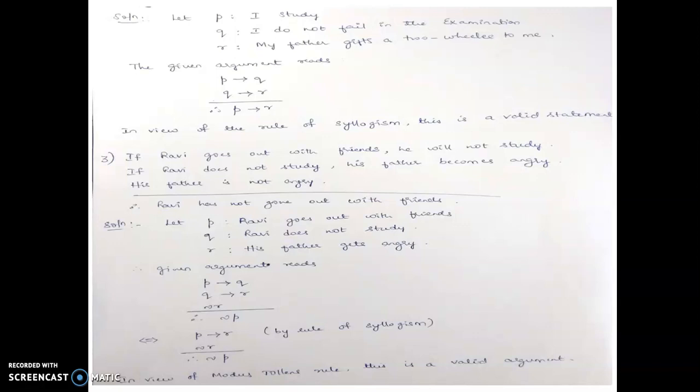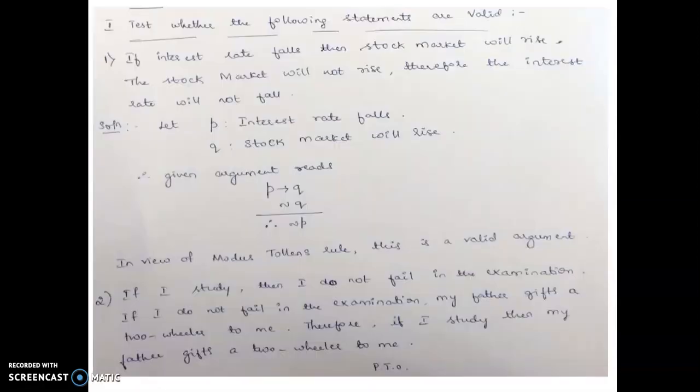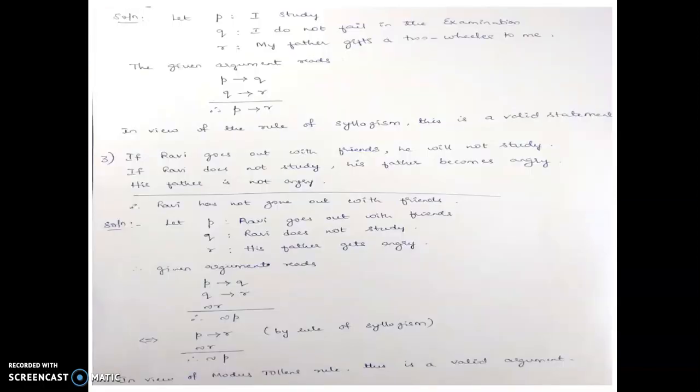So the given proposition is in the form, if I study, then I do not fail in the examination. Directly there is an if-then statement. Next, if I do not fail in the examination, my father gives a two-wheeler to me. So here Q conditional R. Therefore P conditional R: if I study, my father gives a two-wheeler to me.